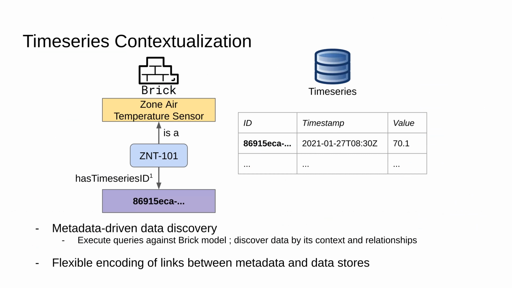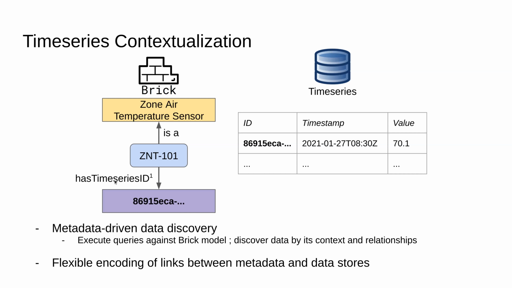The way that's done is essentially encoding a foreign key relationship. So my entity ZNT101, I have both the Brick expression of its type, it's a zone air temperature sensor. There'll be other properties here like its units, maybe its reporting rate, the date that it was installed, things that you might pull out of an asset management system and represent and link into the Brick model.